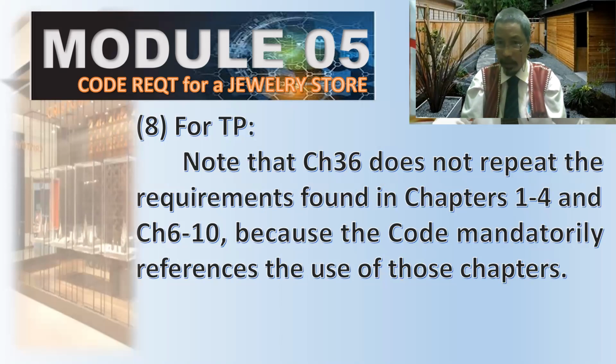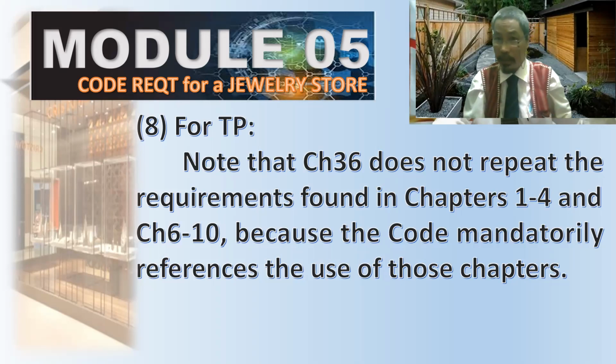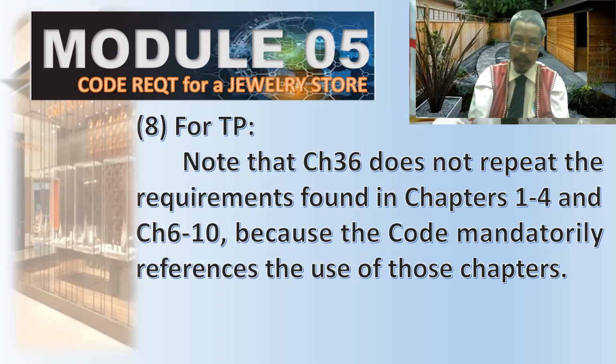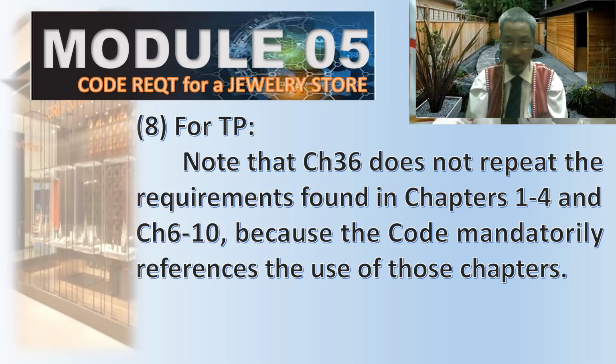Note that chapter 36 does not repeat the requirements found in chapters 1 to 4 and 6 to 10, because the code mandatorily references the use of those chapters. Therefore, there is no one who will take precedence. All of them have to be complied with. So chapter 1 to 4, and chapter 6 to 10, and then chapter 36. All of them. Because we do not have combination or mixed use of those.